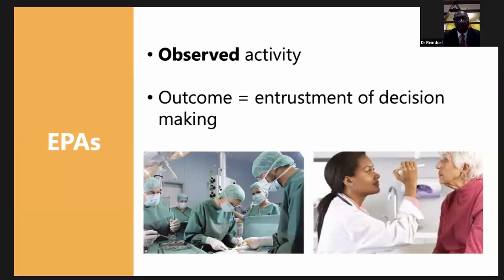So a trainer will be observing a trainee, and the trainer will, at the end of the day, decide, was he able to, of course not in the presence of the patient and everybody, but in the debriefing session, see what went well, what did not go well, and has he reached a milestone that is sufficient for us to say that we can now entrust this activity to the trainee.